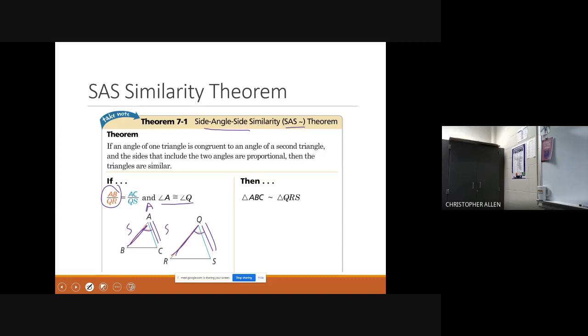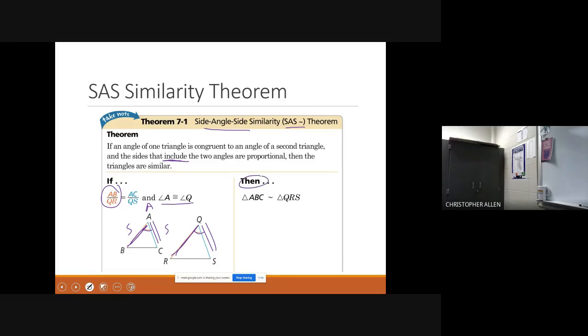Now it is very important that you know that that angle has to be what we call the included angle. There we go, that's the word, you might want to underline that word. It has to be the included angle, and that was the same rule when we did congruence. If one side is to a second side as another side is to a second side, and the included angles are congruent, this is called SAS similarity.